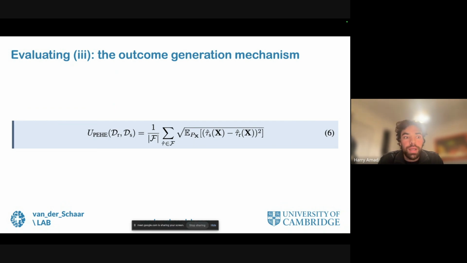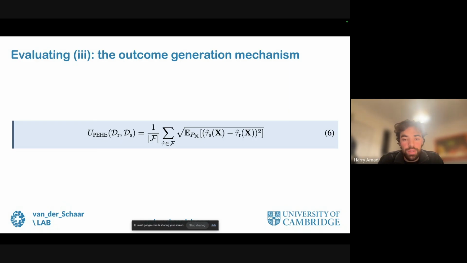There are more complicated CATE estimation techniques, which I won't go into here, but in general, they all estimate this average treatment effect, which comes exactly from the outcome generation mechanism that we care about. So if we have good parity in these estimators trained on the real and synthetic data, we can be quite certain that the outcome generation mechanism is well preserved in the synthetic data, because it preserves the ability of the data to teach these models the treatment effect.